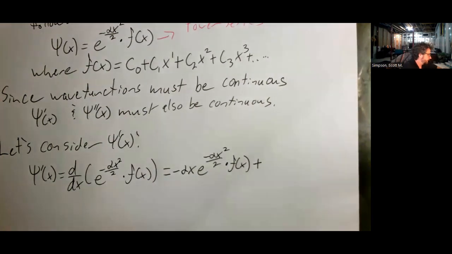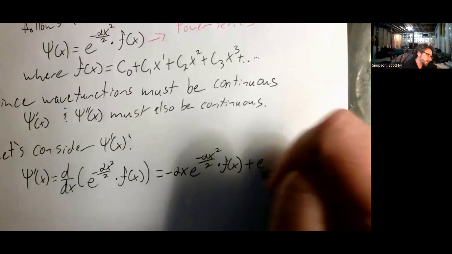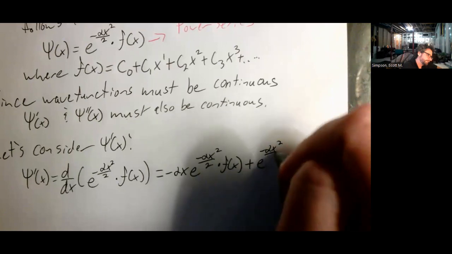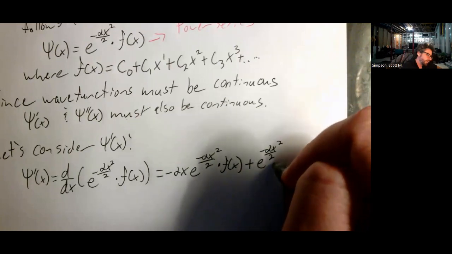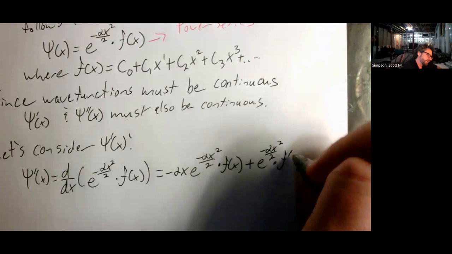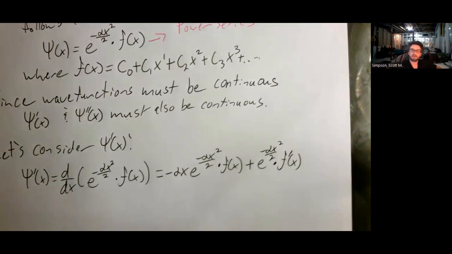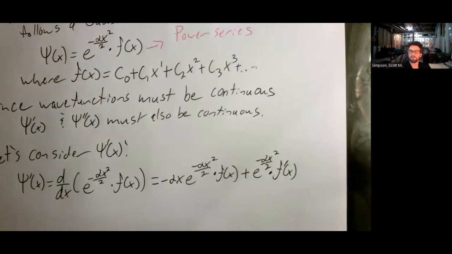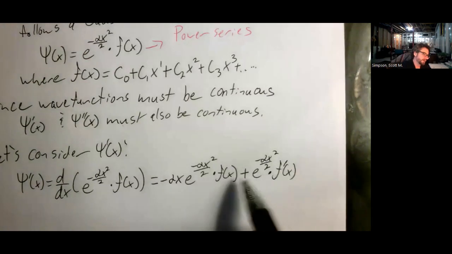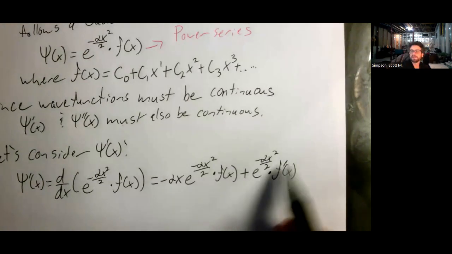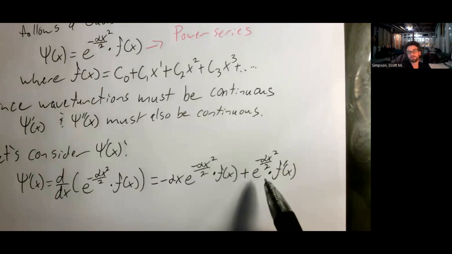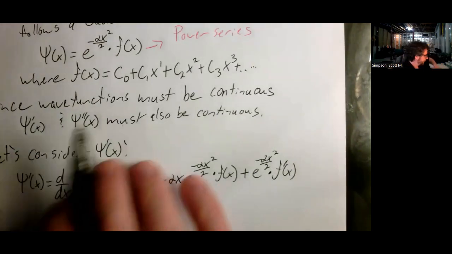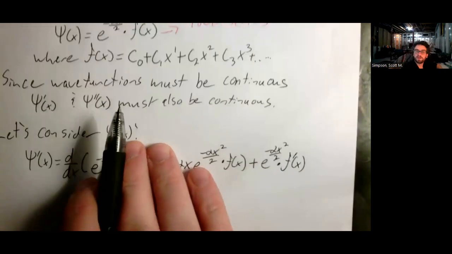Plus, now we got to take the first function and then we multiply the derivative of the second. So that's what the first derivative would look like of our wave function, assuming we have that Gaussian function. And again, we'll get back to what these things are. For now, it's just nice and neat to keep it this way because we're going to find there's some cancellations out. Okay, so we did the first derivative.